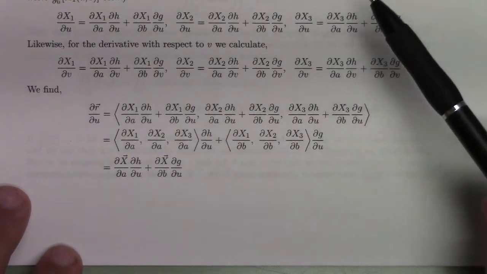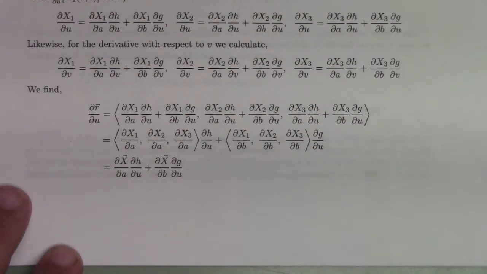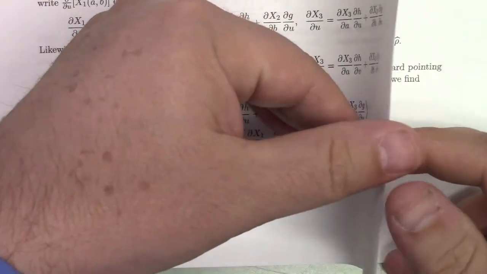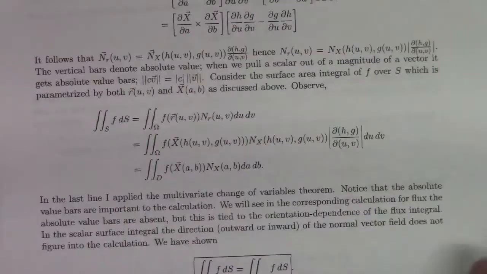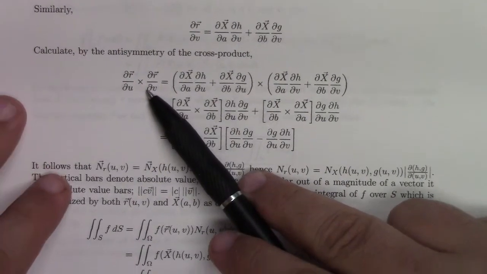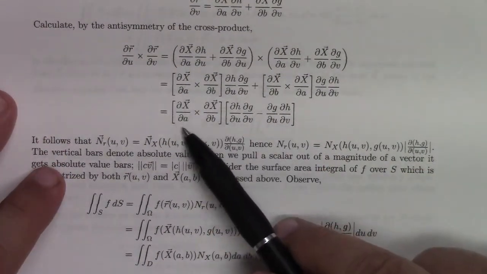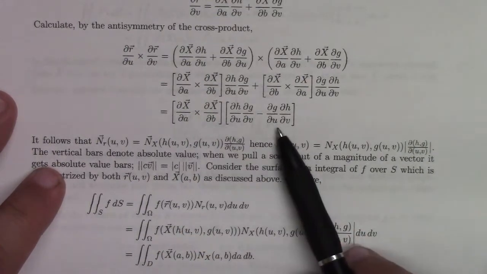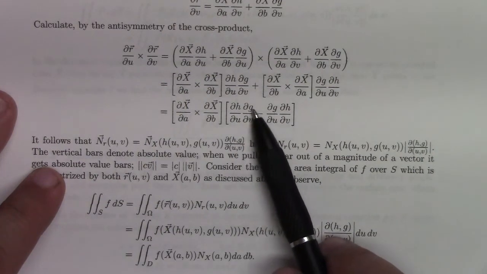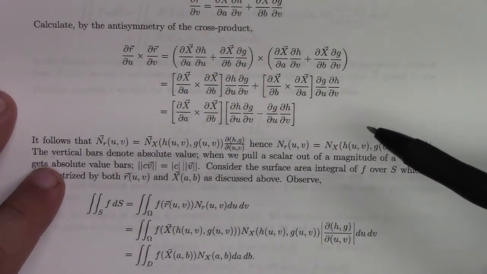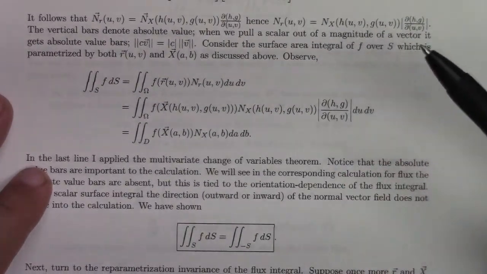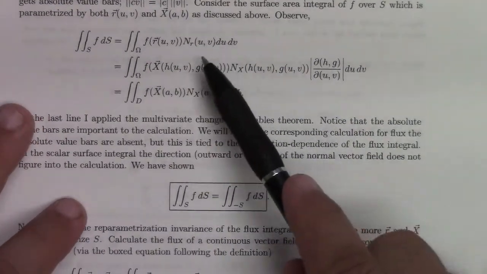and keeping track of the notation, eventually, after about a page of sorting through it, you get the relation between the normal vector in the original parameterization and the normal vector in the new parameterization. They're related by a scalar function that has to do with the reparameterization functions h and g, and when you sort through that, that's exactly the Jacobian of the change of coordinates for the parameter integral down here.